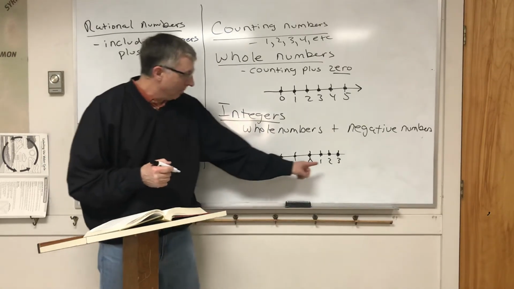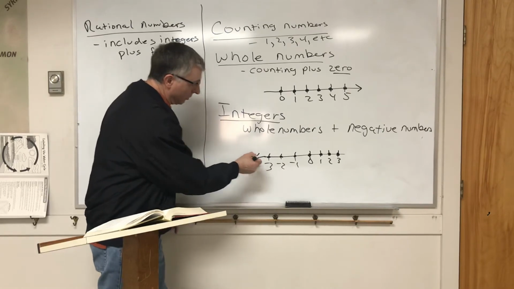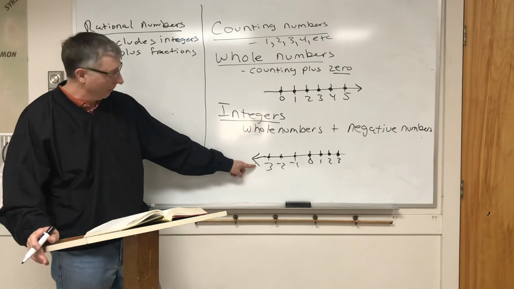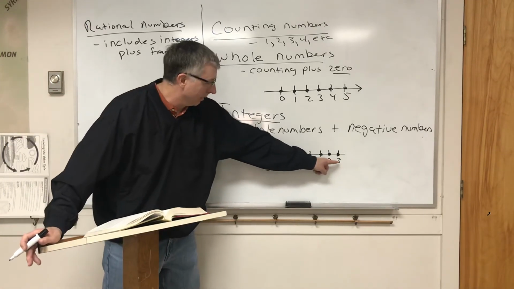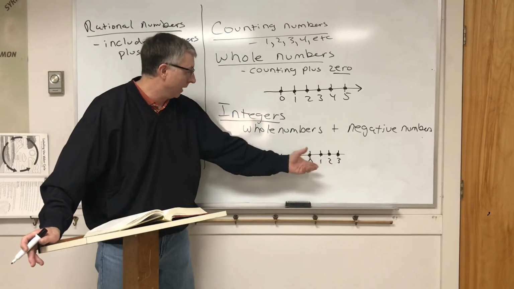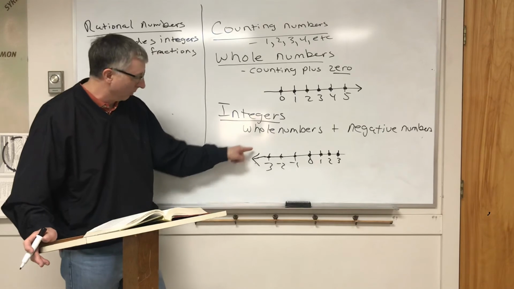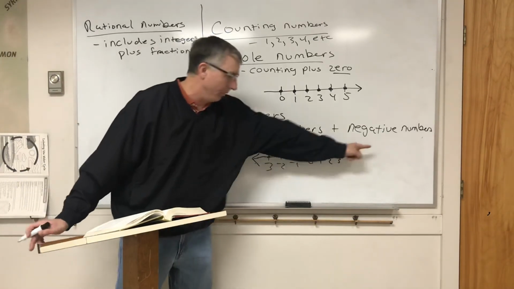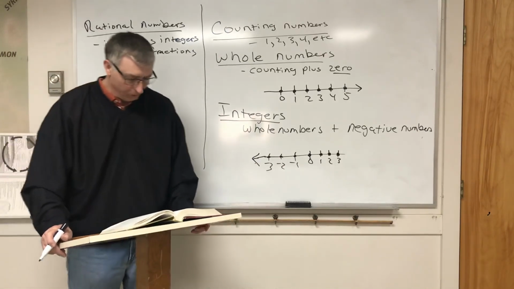But it would go in this direction forever. That's why they drew the number line the way they did. You start off with 3 because that's the first integer that is less than 4, then 2, 1, 0, and so on, with an arrow at this end to indicate that it goes this way, but it would not go that way.